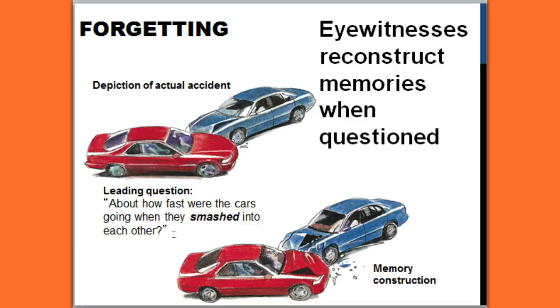They'll say, well, smashed, they must have been going, I don't know, 60 miles an hour. Whereas with bumped, they'd say they were only going about 20 miles an hour. That's not an uncommon thing that happens. So eyewitness testimony in these situations is often very unreliable.